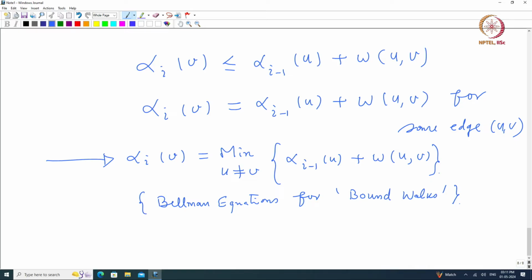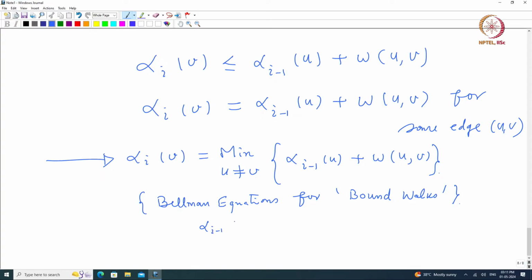So, we are not able to solve the Bellman equation for deltas. That is because the Bellman equation for deltas has circular dependency, but you can see that the Bellman equation for the alpha values does not have circular dependency. You can smoothly proceed. Look at the dependency. Alpha I is depending on only alpha I minus 1.